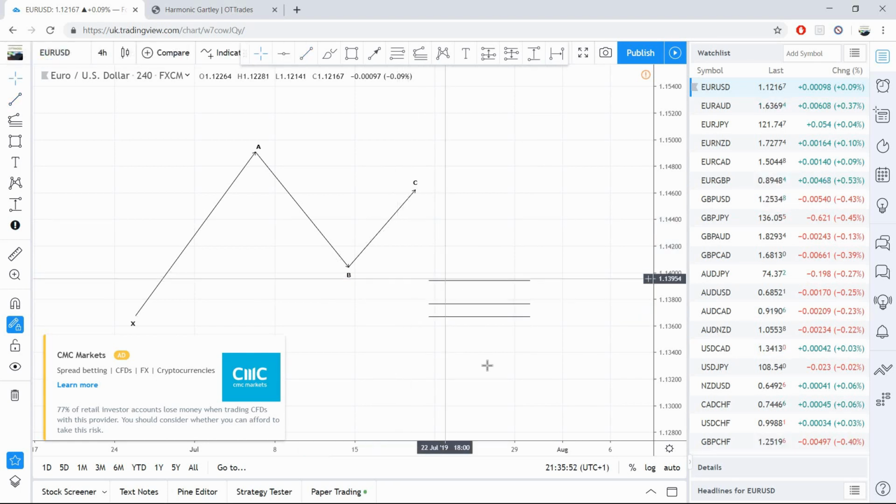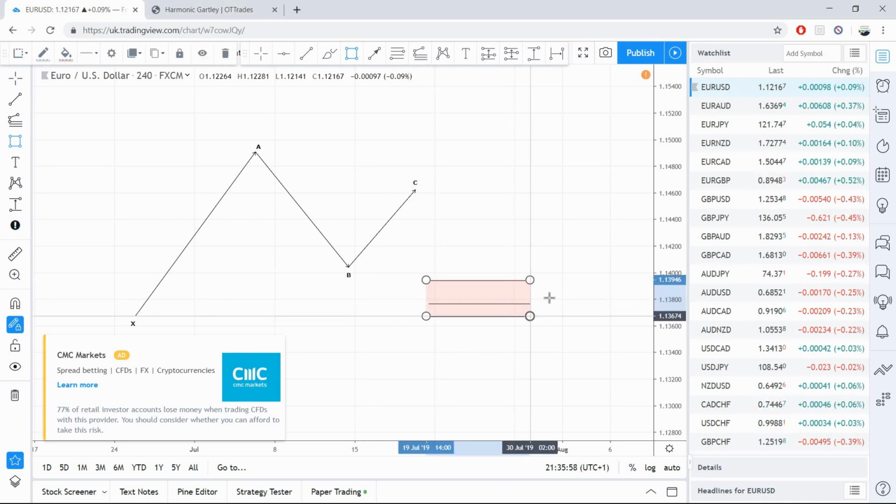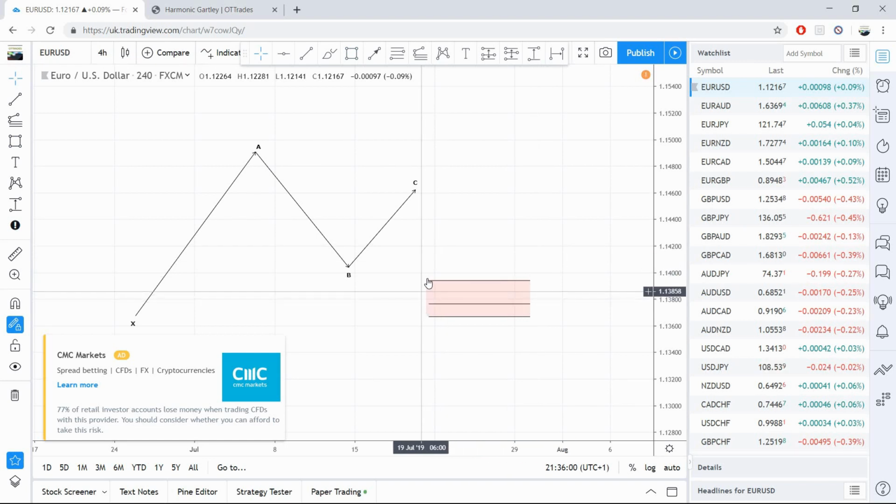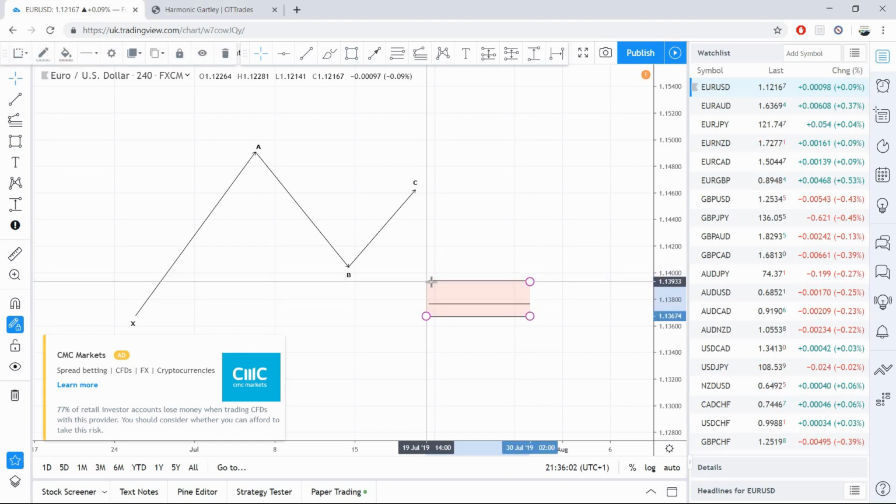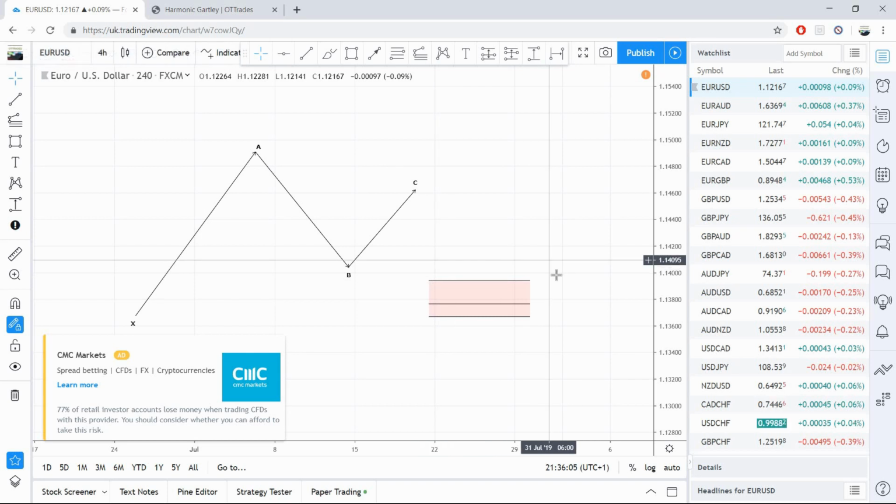So we've got 3 points here. All 3 points combined create our potential reversal zone. In this red box here, this red box is made up of these 3 points.